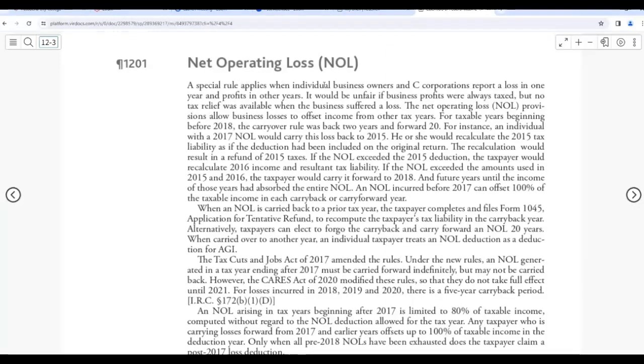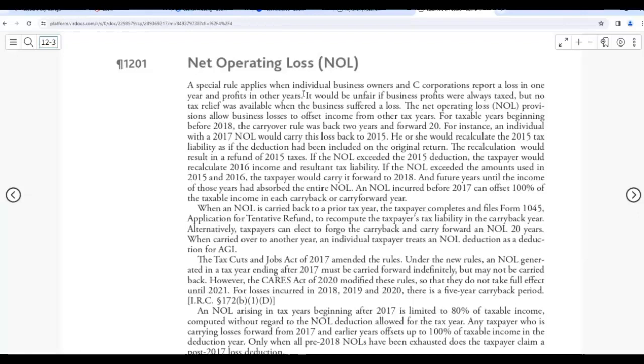It's a special rule that applies when individual business owners and C corporations report a loss in one year and profit in other years. So remember, we are not talking about S corporation. We are talking about C corporation.